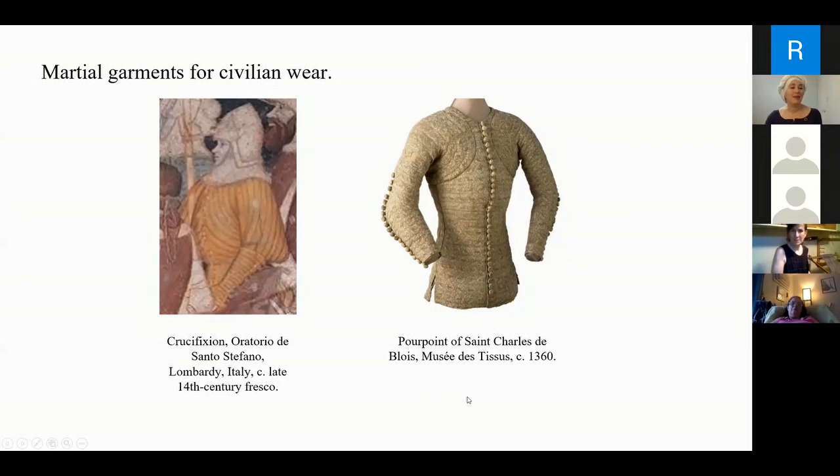And then the very much not a military garment of King Charles of France from 1360. He was 19 years old at his coronation, something like that. This garment is actually quite small. It's quite heavily padded, I think in part because he was just a skinny kid.